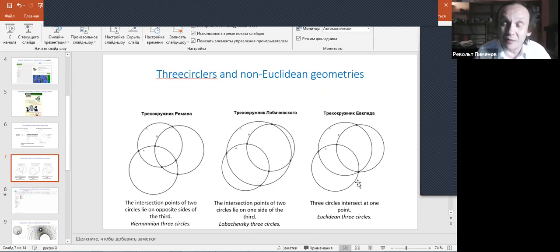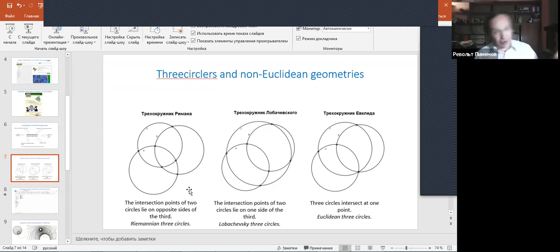In one moment, the third circle will pass from the points of intersection to another. And we can see from these three circles the triangles of the three geometries. We can pass circles from the pair of points of intersection in the first pictures. In all pictures we can do so.